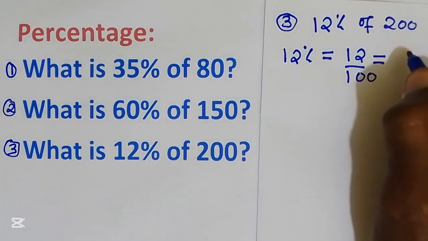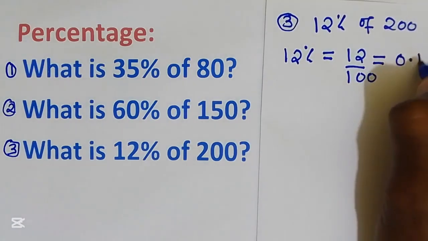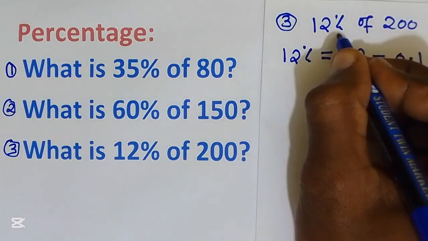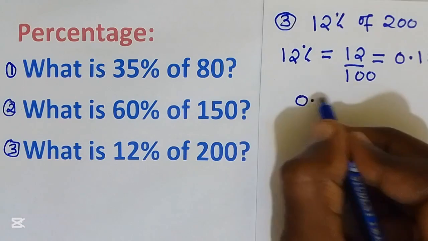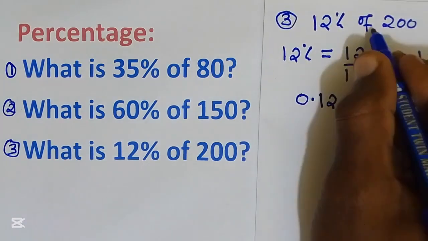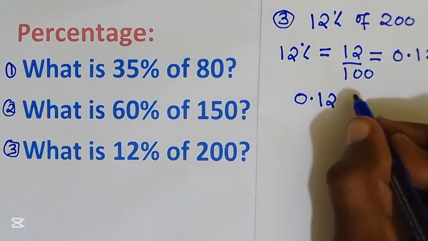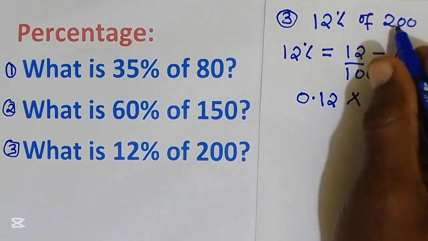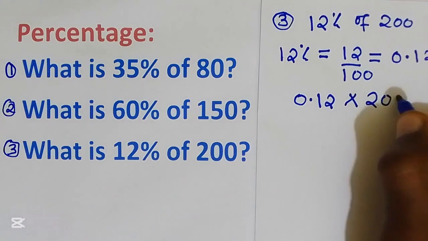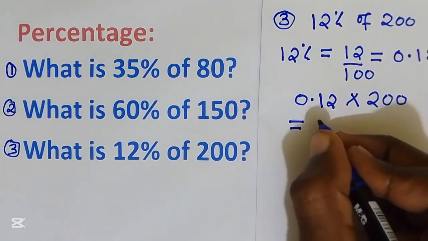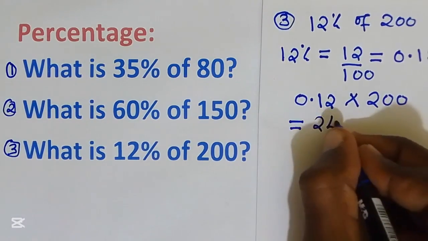This is equal to 0.12. This is already in decimal, that is 0.12. 0.12 of means multiply by 200. That will give us 24.